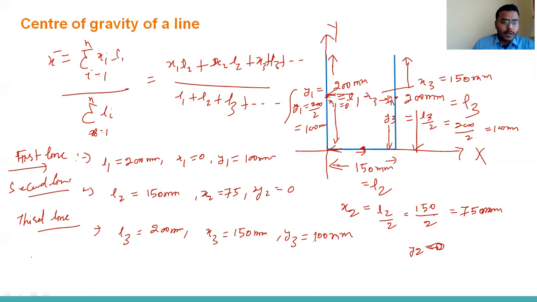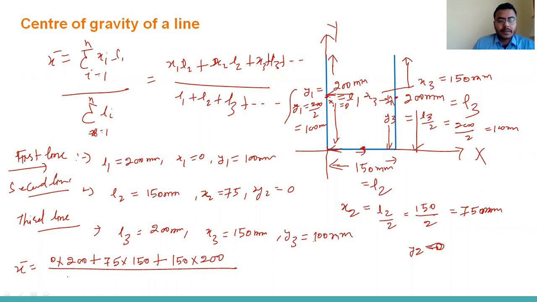Now we can apply the formula to calculate x bar and y bar. So I'm calculating x bar. That is x1 into L1 plus x2 into L2 plus x3 into L3, divided by L1 plus L2 plus L3.